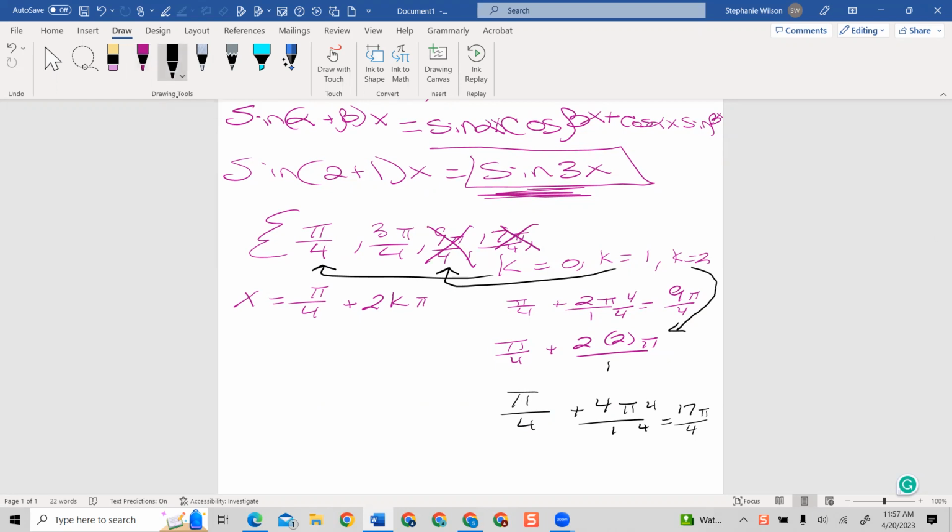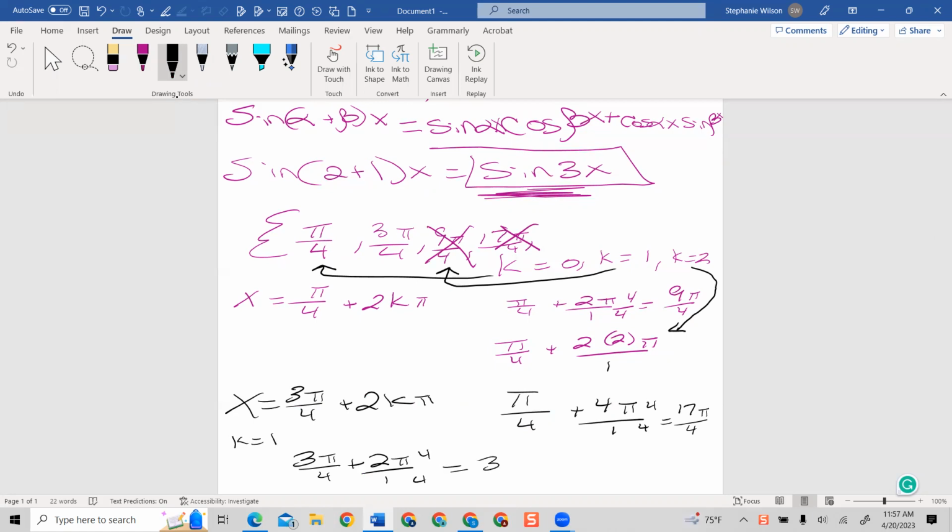So let's take x equals 3 pi fourths and add 2k pi. And what do we get? If I plug in 0, I'll get 3 pi fourths. If I plug in 1, I get 3 pi fourths plus 2 pi. And again, we're going to multiply top and bottom by 4 because we need a common denominator.